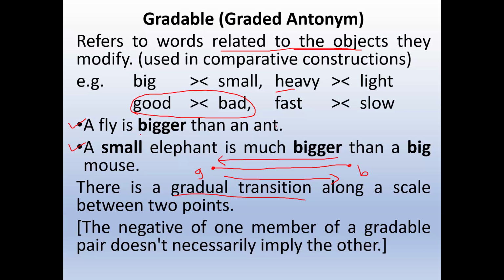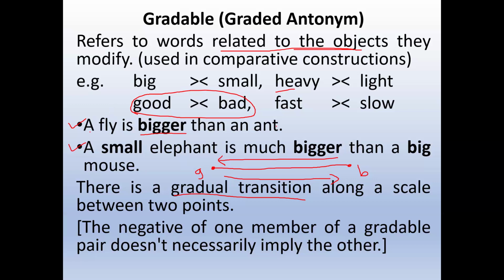Now, we know bigger is an example of a gradable antonym. Big and small are gradable antonyms. So I use big here to refer to the size of a fly, which is anyway small, but when it is compared to an ant, it is bigger.